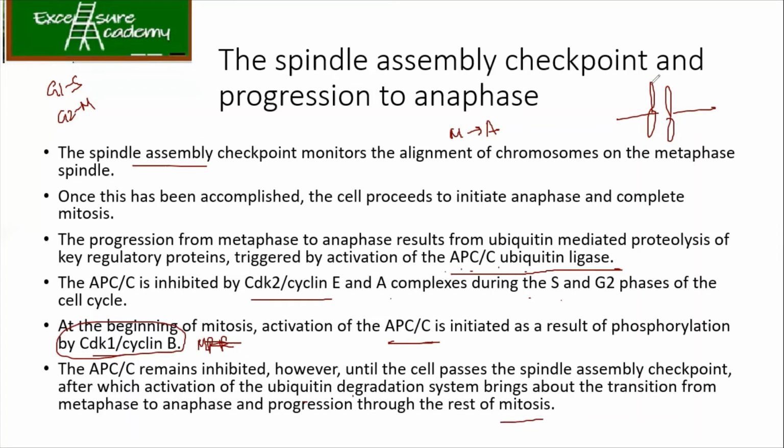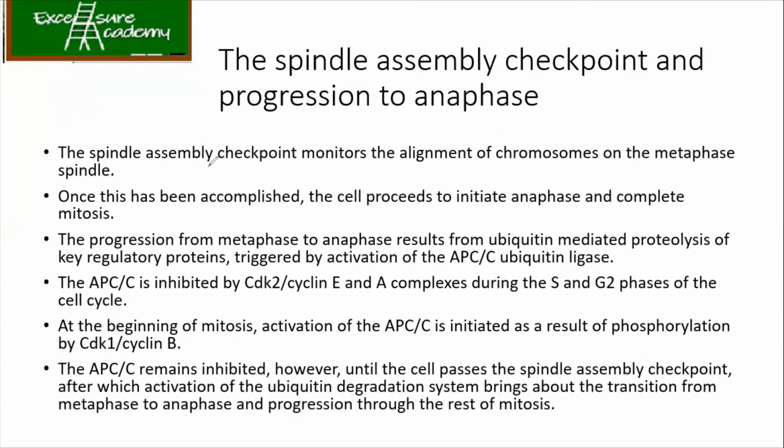So clear, guys, what this slide is saying? That the spindle assembly checkpoint is important because it will ensure that all the chromosomes are attached to the spindle fibers, right? Now, once this is happening, then only the APC/C ubiquitin ligase gets activated. Otherwise, it is inhibited throughout your S and G2 phase. Okay. Now, this gets activated by the phosphorylation by your CDK1 and cyclin B.